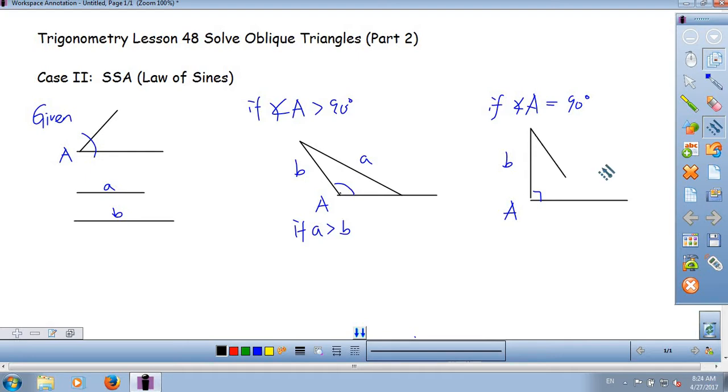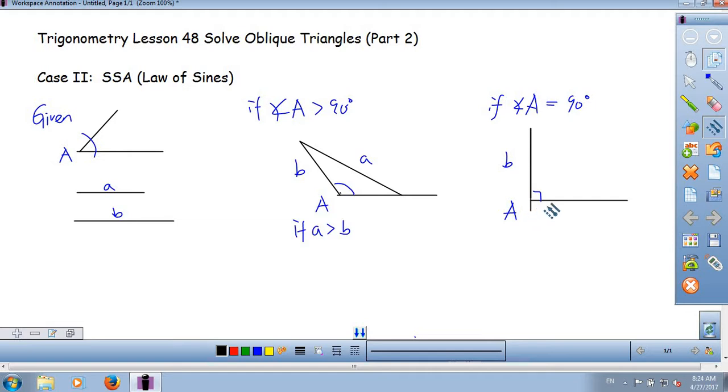This is the opposite side. If A is shorter than B, I'm not going to make a triangle either. If A is the same size as B, I still won't make a triangle, because it's not going to intersect the bottom segment. It can't. So again, A has to be longer than B.